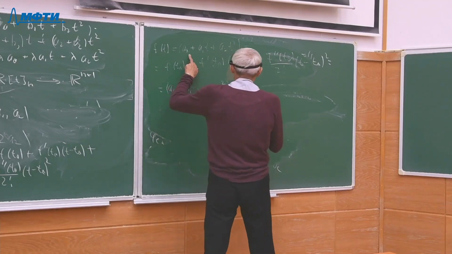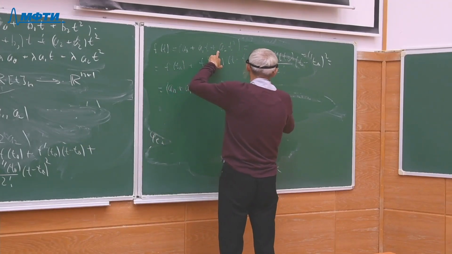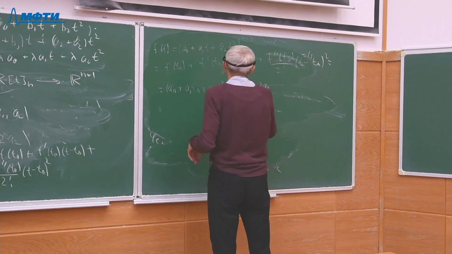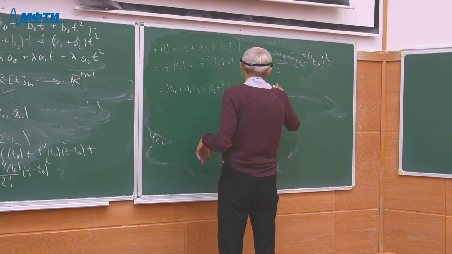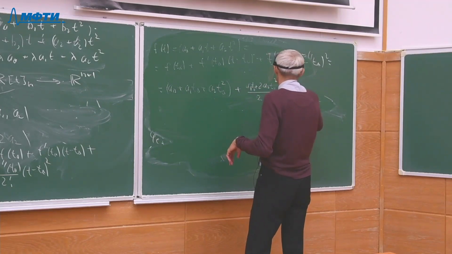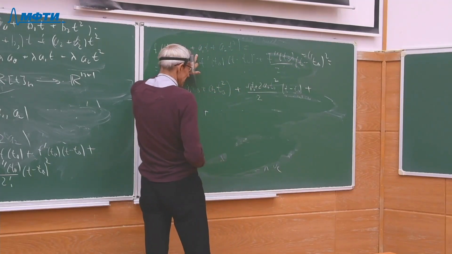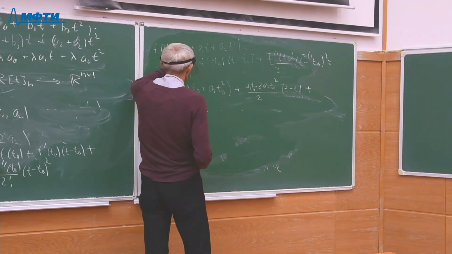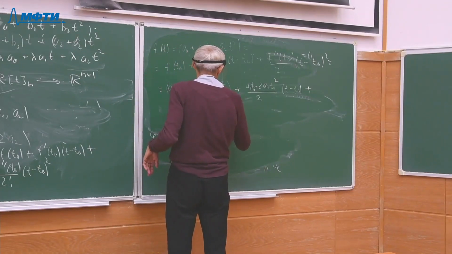The second coordinate is the first derivative at t0, plus the second derivative term. Oh, I'm sorry.